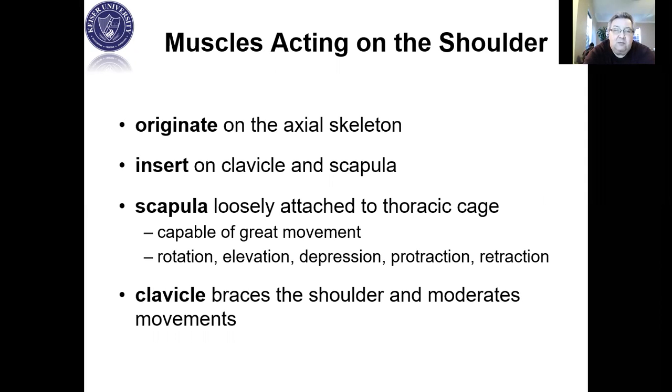Now, when we're talking about these muscles, most of them originate on the axial skeleton. Remember when we spoke about the bones on day one, that the axial skeleton is basically the base structure of the body. It consists of the cranium and the vertebra and the pelvis. Well, these muscles are coming from the sternum.